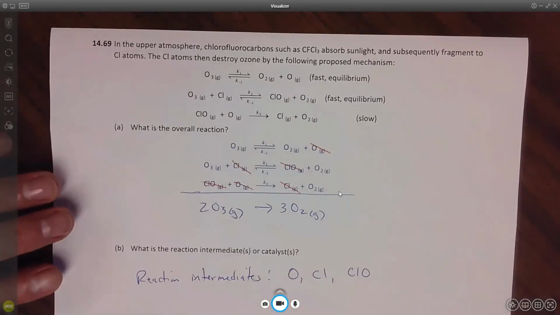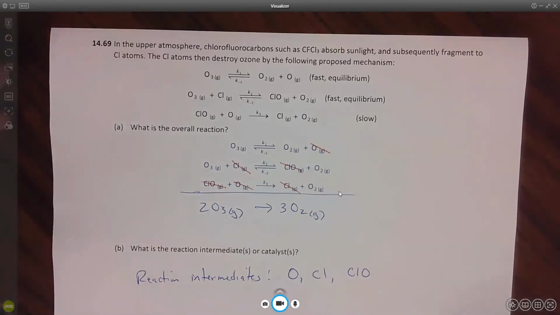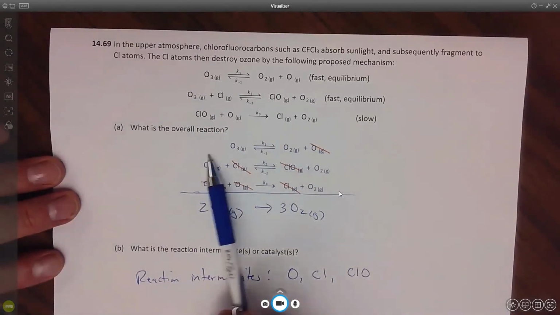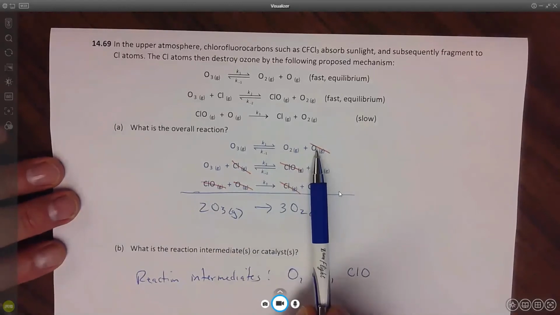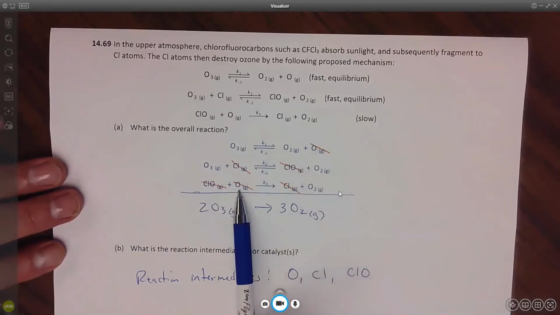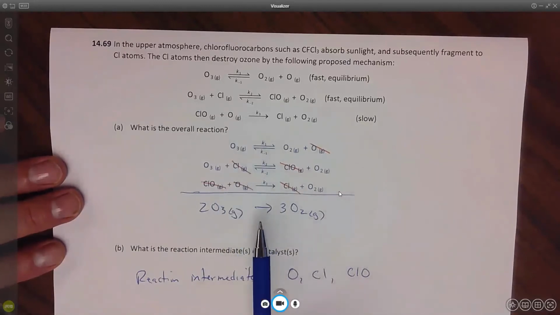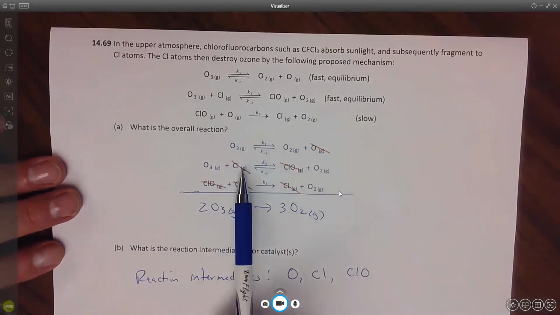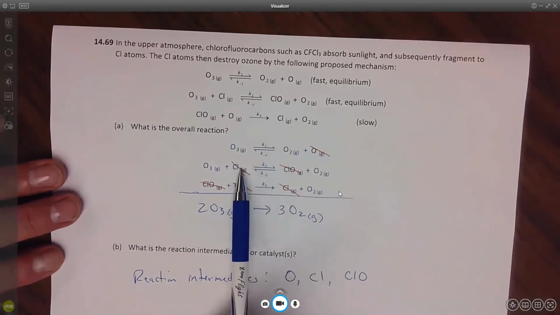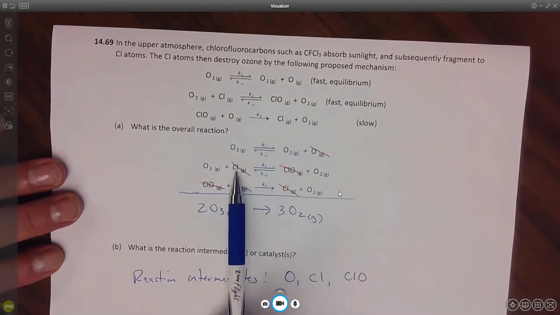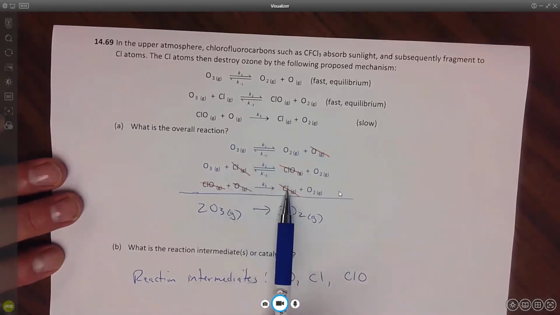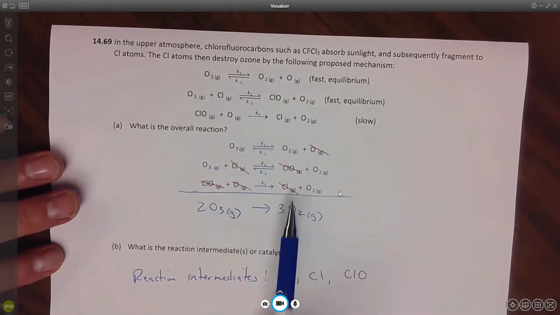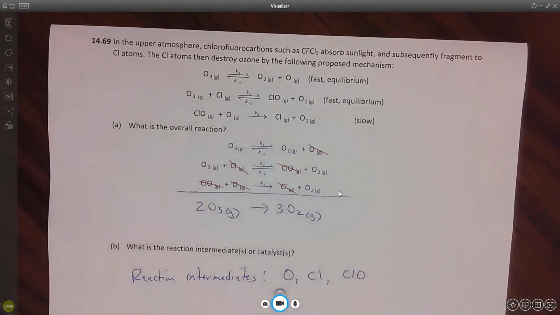And again, why are they reaction intermediates? Well, you got to see where they appear first. Well, here I can see, okay, the oxygen appears first here and then cancels later on. That's a reaction intermediate. Let's see, the next one, the chlorine appears first here and then goes to there. So is chlorine a reaction intermediate?